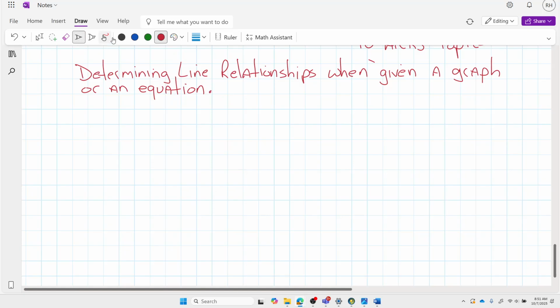You're going to be determining line relationships when given a graph or an equation.